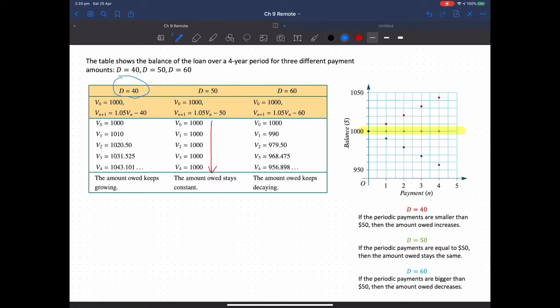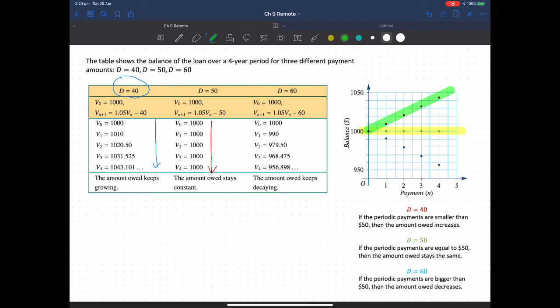If you have a look at the successive values, because the repayment you're making is less than the interest that is growing on the loan, you can see the total amount that is owed is increasing. So if the total amount is increasing, unless something changes, you're not going to pay that off. So if you have a look at that on the graph, that is the one which is going up.